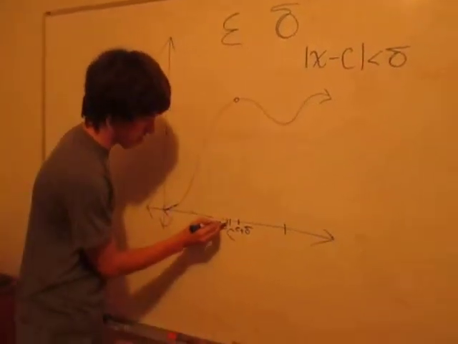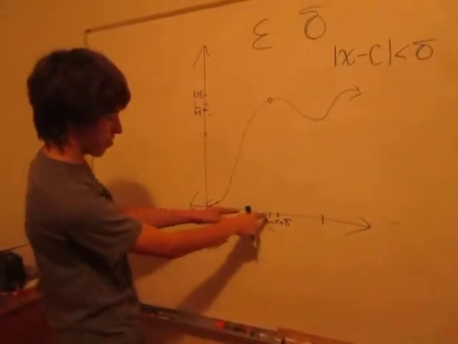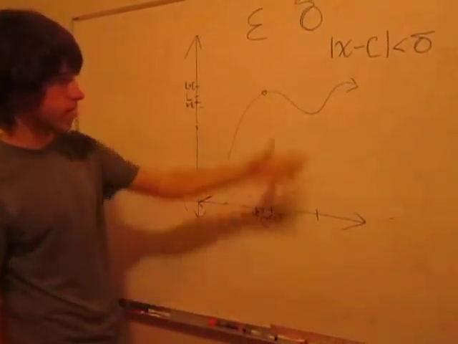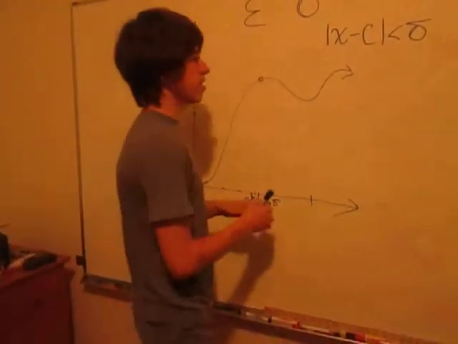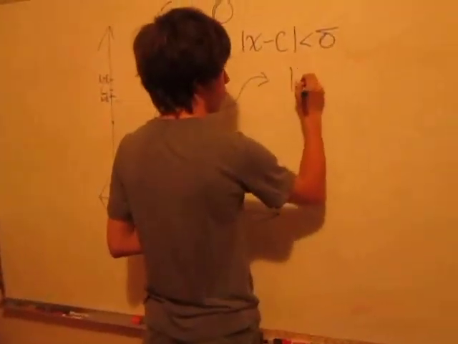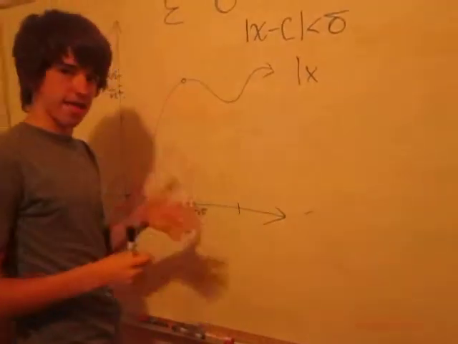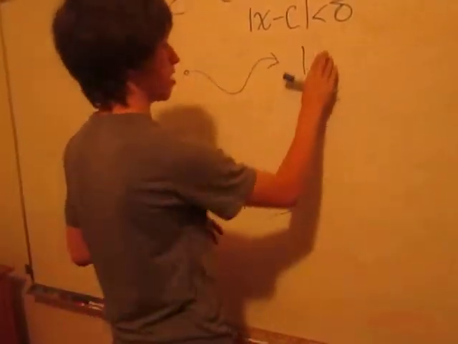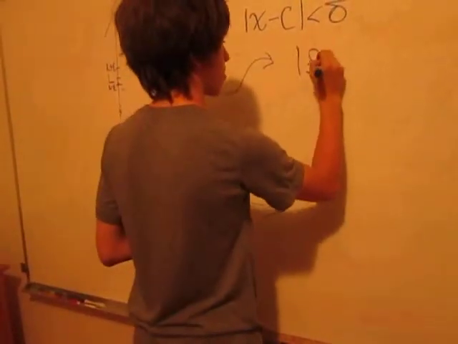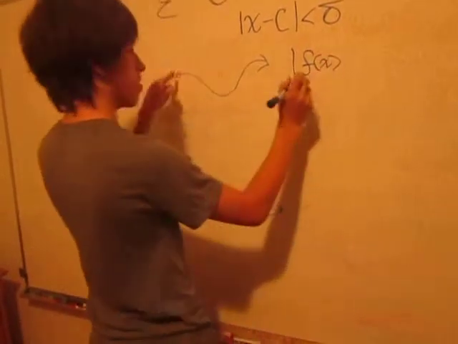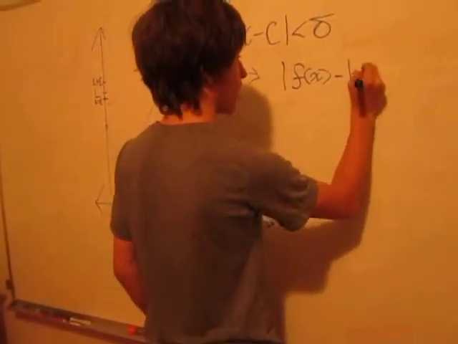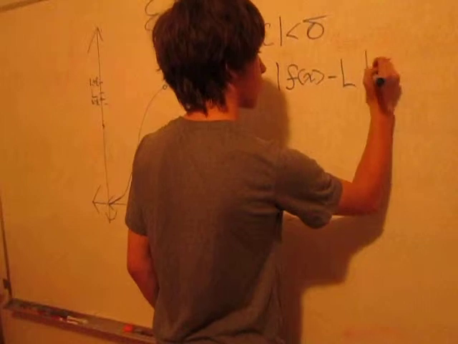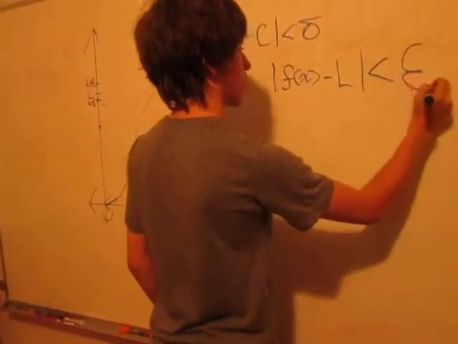And let's think, if our x is here, we subtract this value, we get a little value. That's less than delta. And similarly, the absolute value of f of x, our point up here, minus L, is less than epsilon.